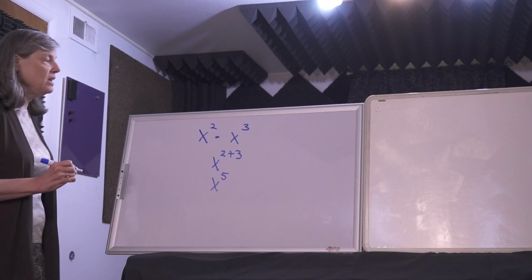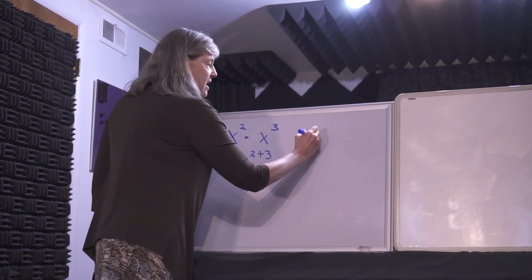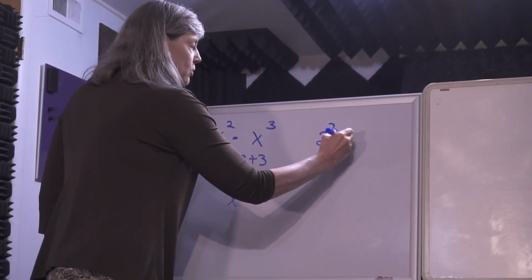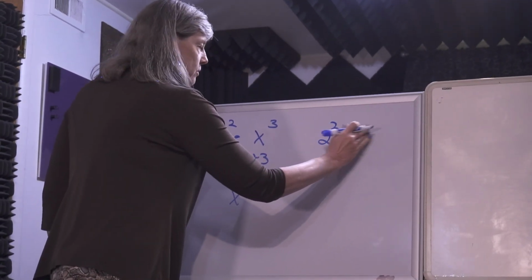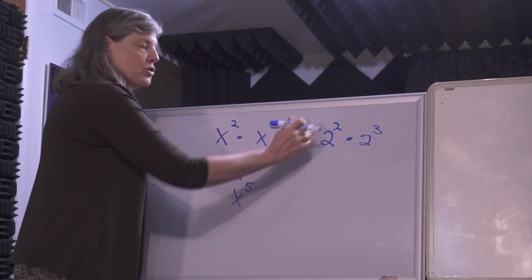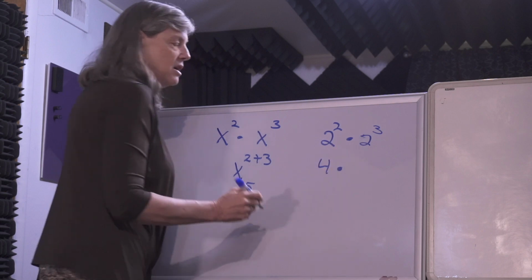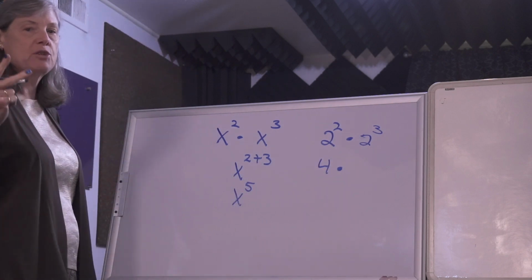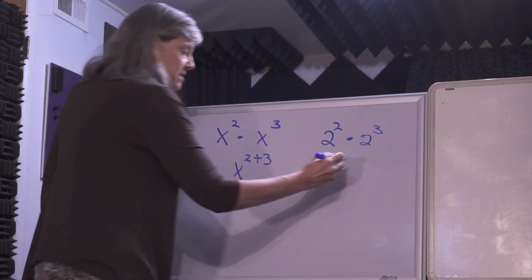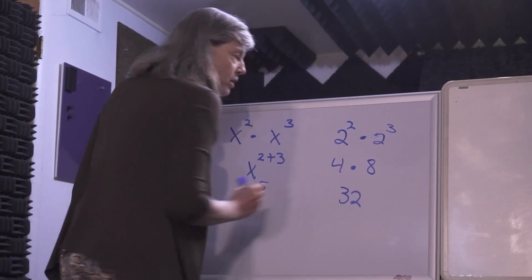Okay? So let's look at that. If we had, say, x is 2, well, 2 squared is 4, and 2 to the third, 2 times 2 is 4, times 2 is 8, and we get 32.